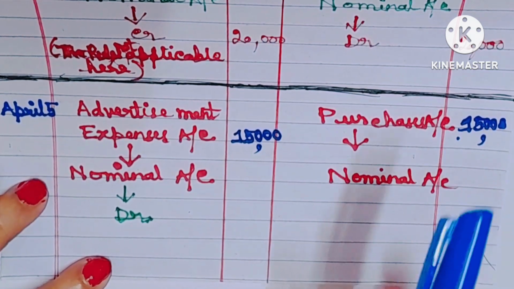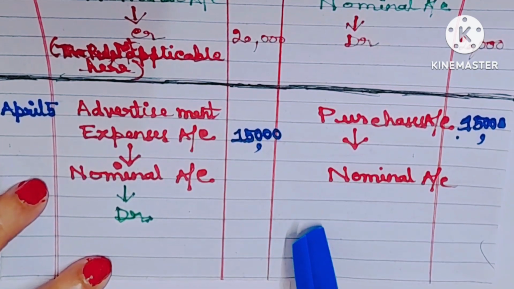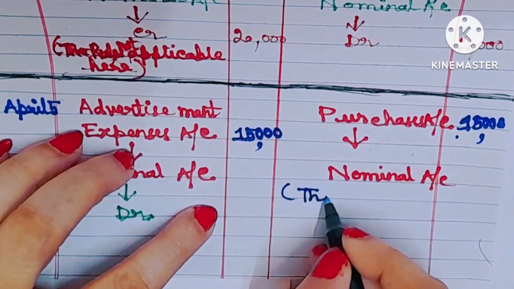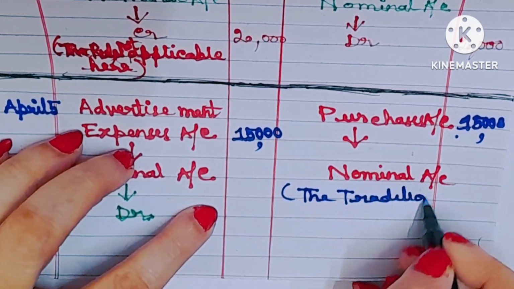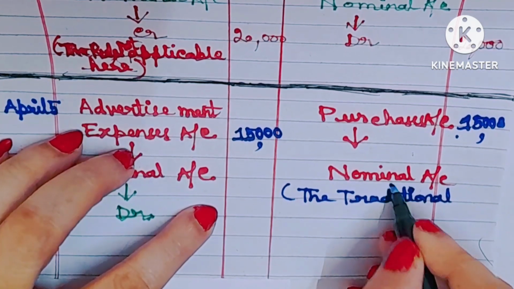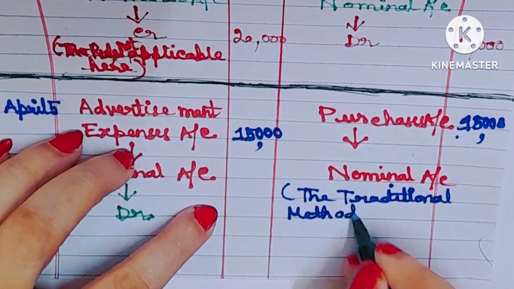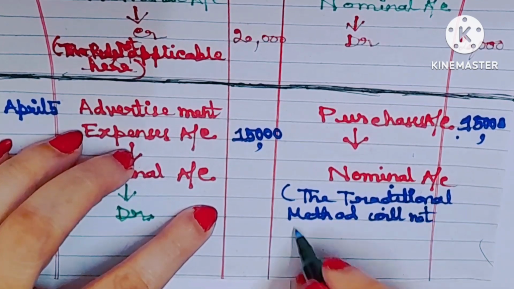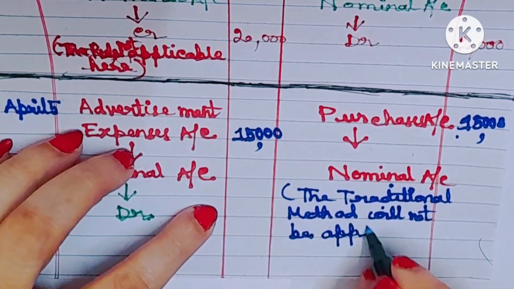Here the 3 golden rules of accounting or the traditional method will not be applicable. Why? Because goods were not purchased.